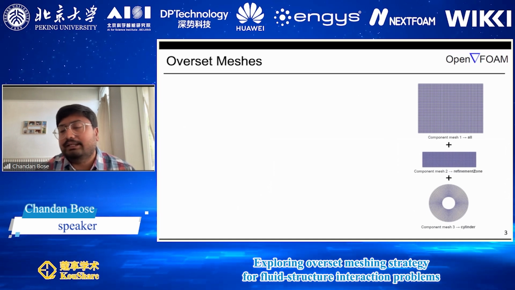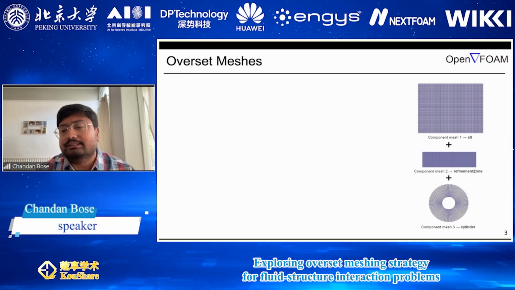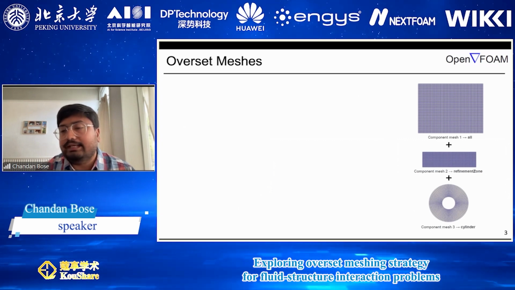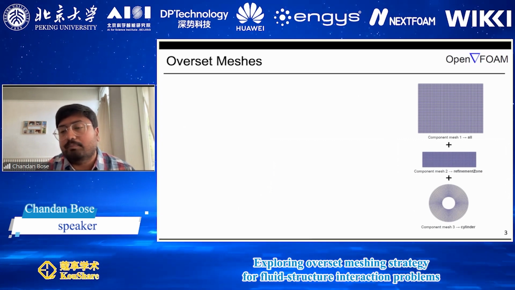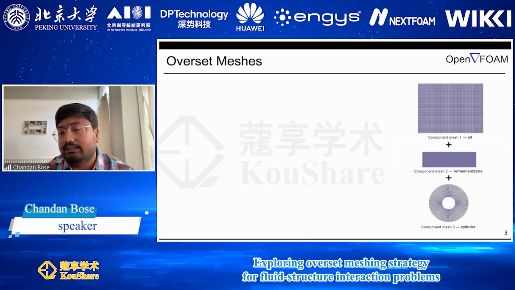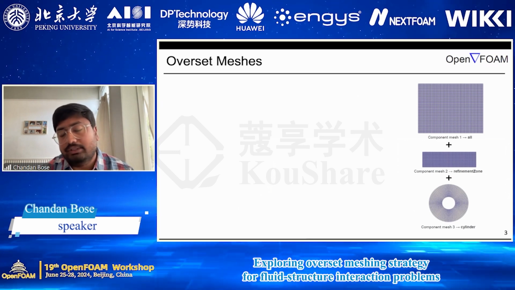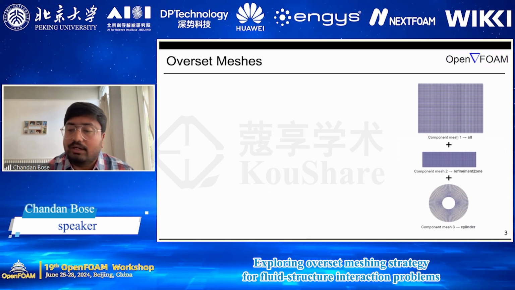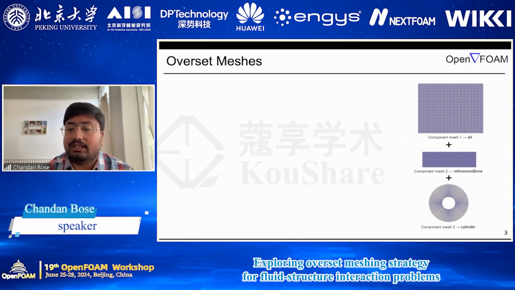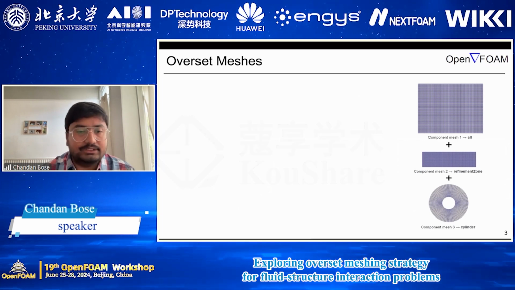In this example, if we want to simulate flow over a cylinder, we could take three different disconnected component meshes. One is the Eulerian background mesh, which is all here. One could be the refinement zone around the cylinder, and the third one could be the actual structural patch over which we impose the boundary conditions.